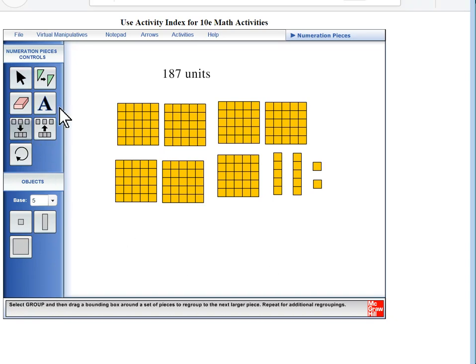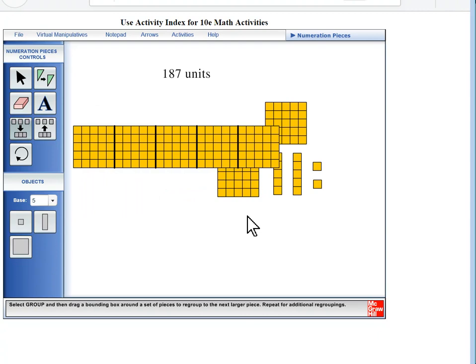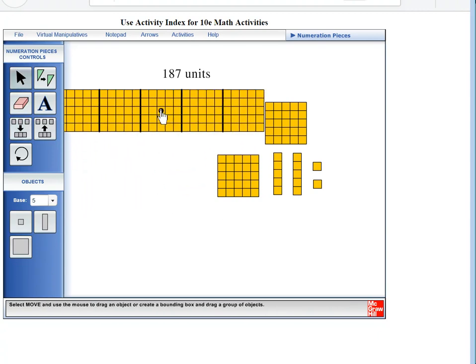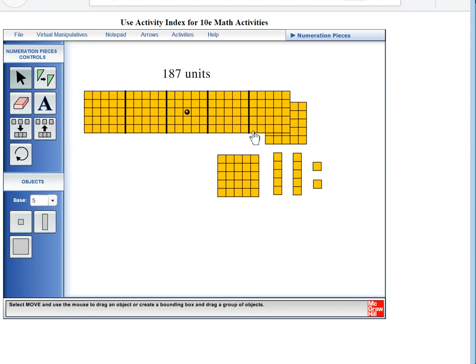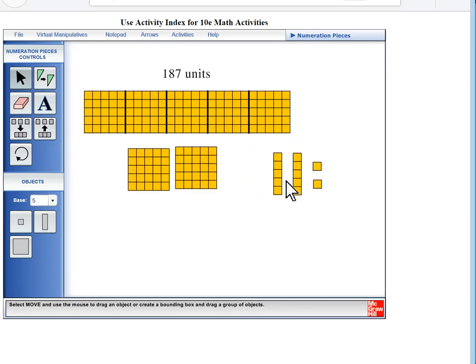Notice that if I join, I get my long flat. So my minimal collection here would be one long flat, two flats, two longs, and 2 units.